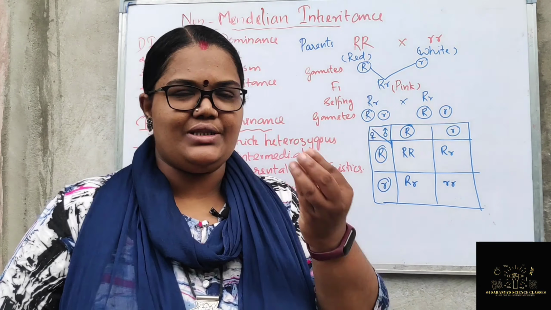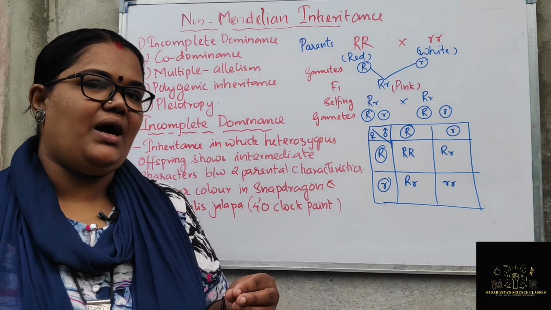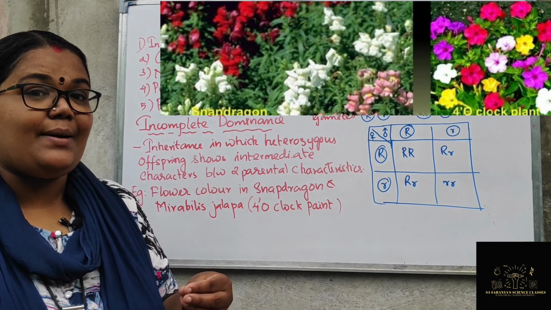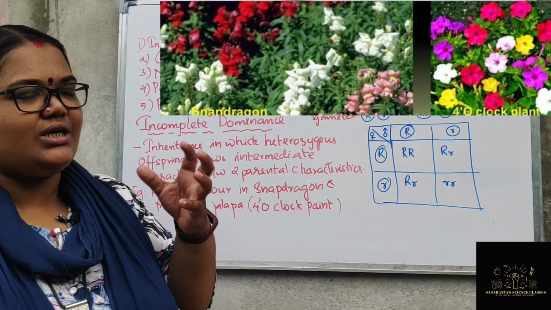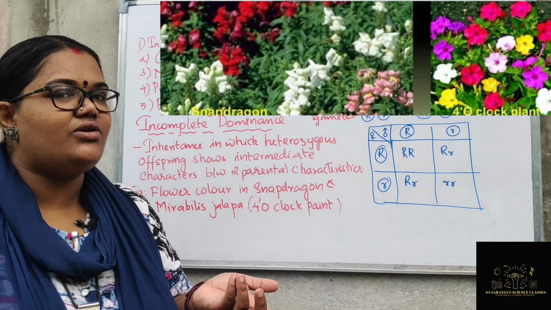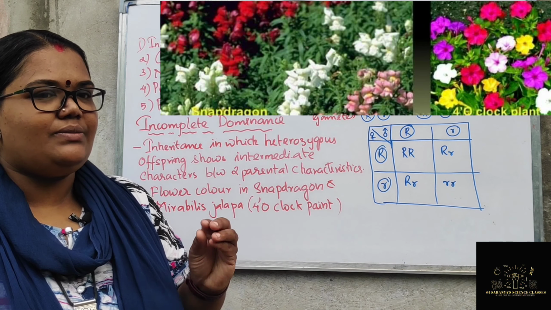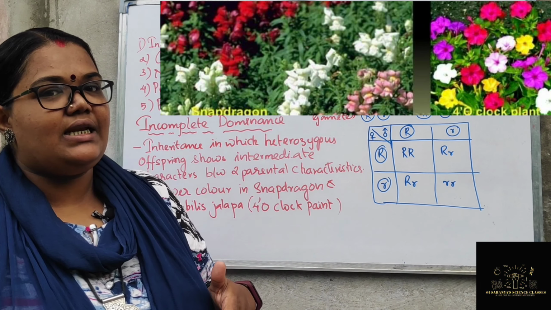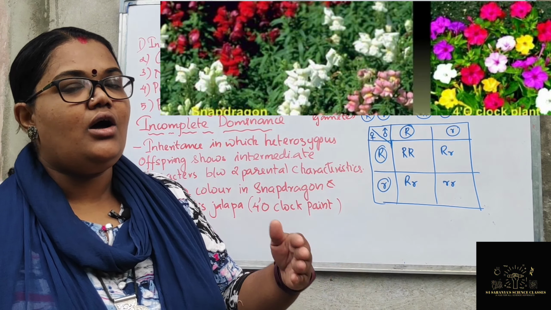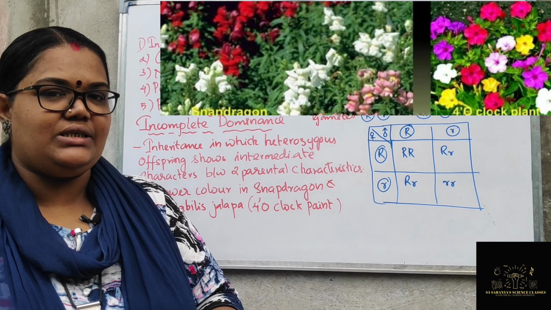I will show you the picture. These two flowers have both red varieties and white varieties. According to Mendel's inheritance, crossing them must give either red or white.